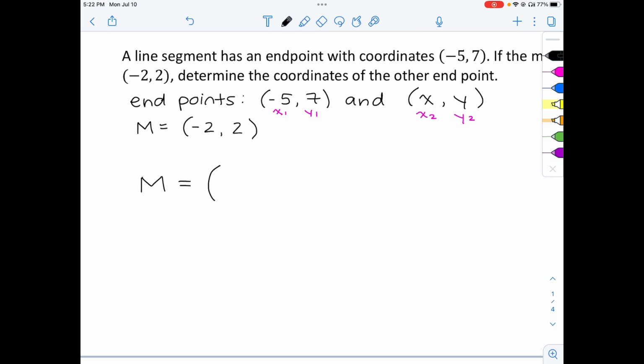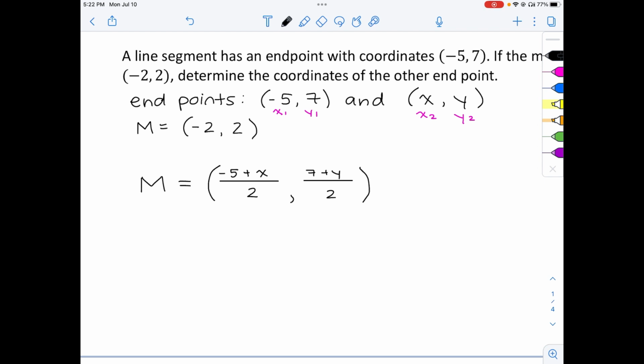So the midpoint formula, I'm going to do x1 plus x2 divided by 2. So I'll have -5 plus x divided by 2. That will give me the x coordinate. And for my y coordinate, same thing, I'm doing y1 plus y2. So 7 plus y divided by 2. And that gives me the y coordinate.